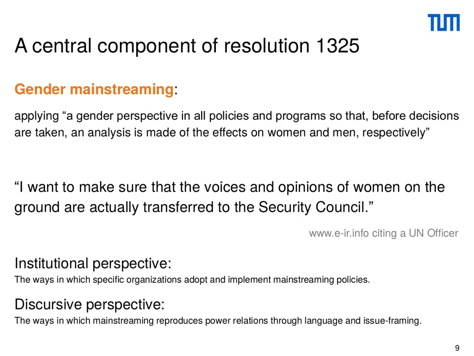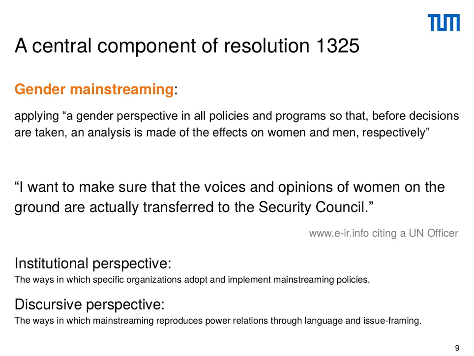But one key or one central component of achieving gender equality, one that is part of the overall goals of Resolution 1325, is gender mainstreaming. Of course, gender mainstreaming should help reach the overall goal of gender equality.